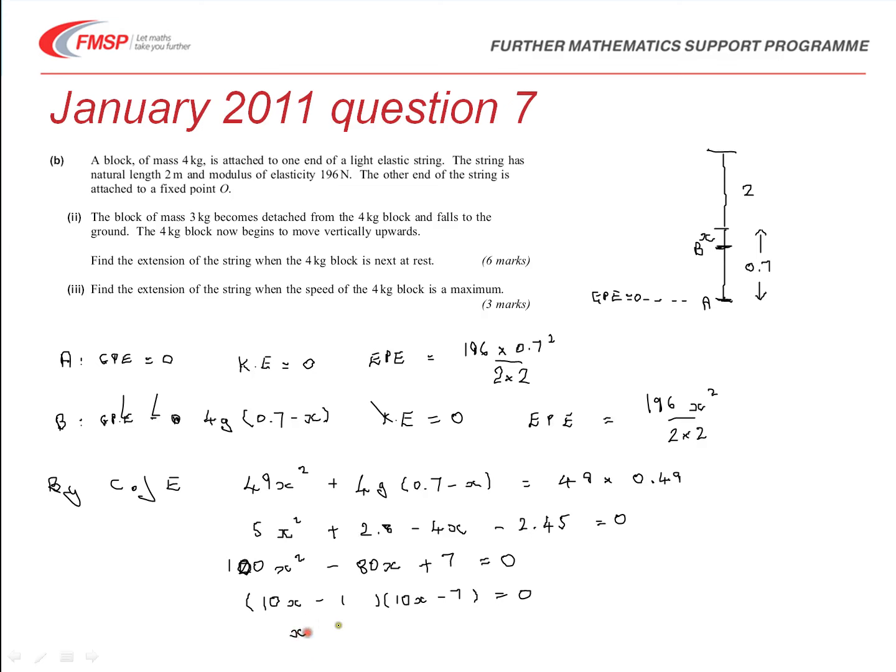Either x equals 0.1 and the other answer, not surprisingly, is 0.7, because that's the point at which we started. So the one we want is the 0.1, not this one. So we need to be careful to just state the one single value that we require.